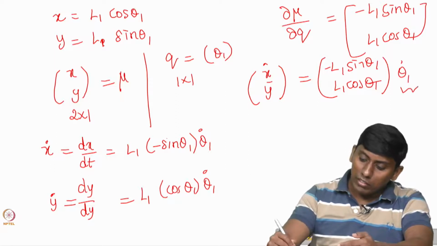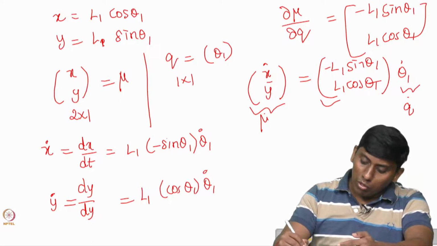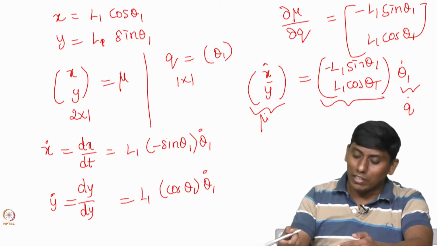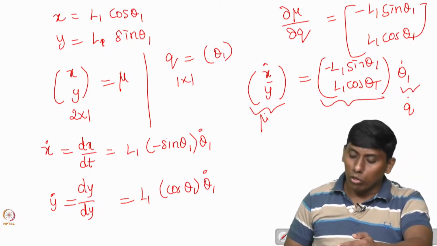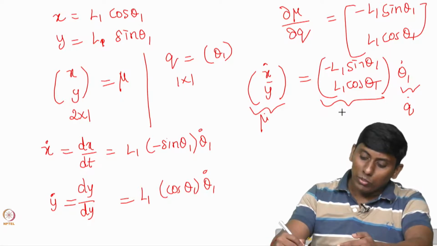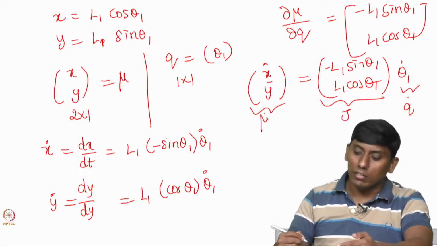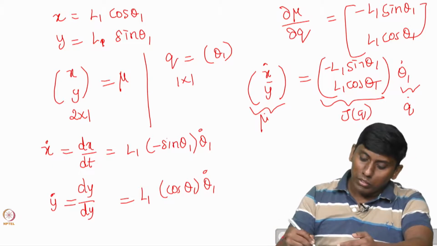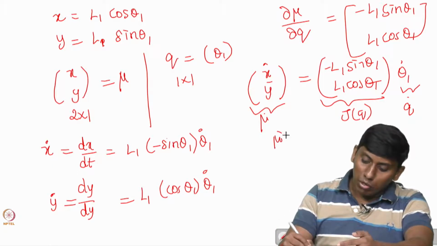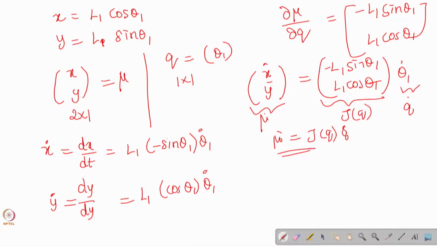What is this? This is nothing but q dot. What is this? This is nothing but mu dot. What is this? This is a matrix. In this case it is so simple, 2 cross 1, but this is a Jacobian matrix. So this is J of q. In the sense, the mu dot I can write as J of q into q dot. So this is the way we can relate.